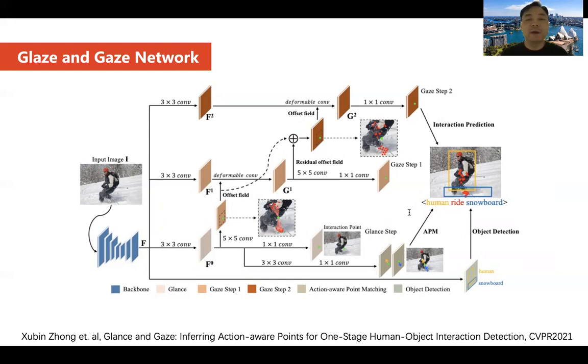Accordingly, inspired by the above observation, we herein propose a novel model named Glance and Gaze Network to localize informative areas for the interaction between the human-object pair. The proposed method adaptively infers a set of action-aware points to represent the interaction area.